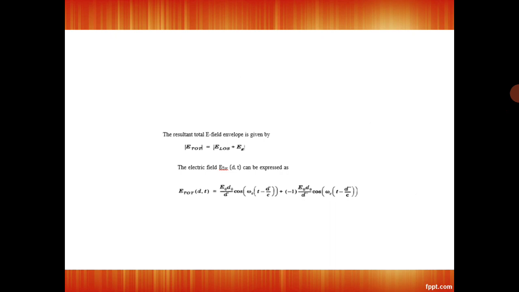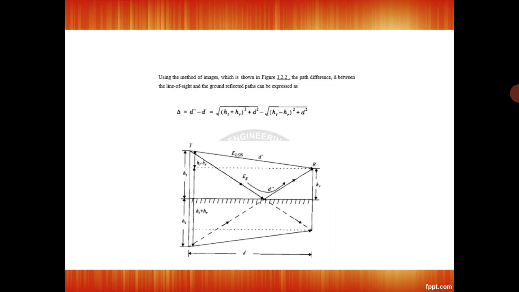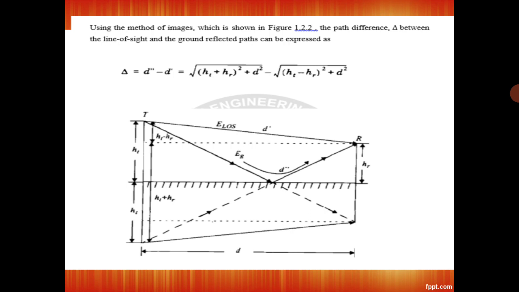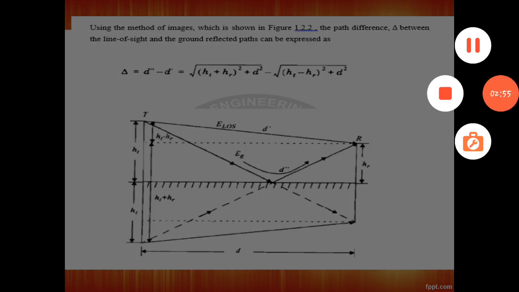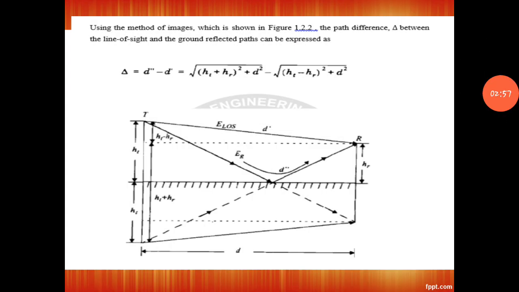So this is the way to calculate the two-ray model, and in the two-ray model the system should consider the line of sight distance and the transmitted and reflected distance. Here the method of images shows the way the wave travels and reflects between the transmitter and receiver. So delta is a small variation between these two paths.